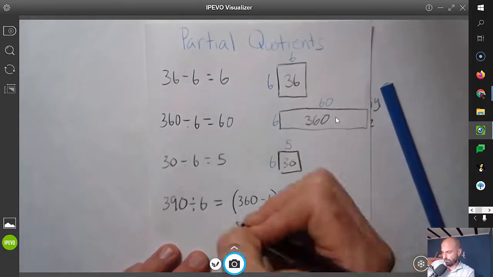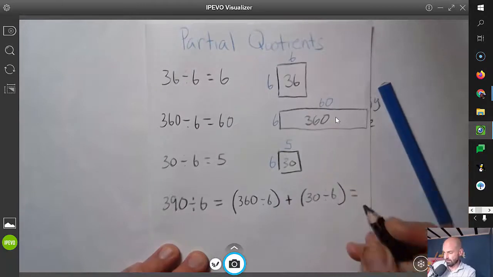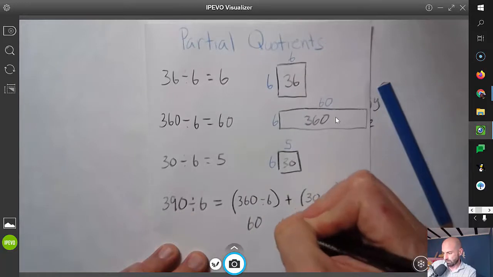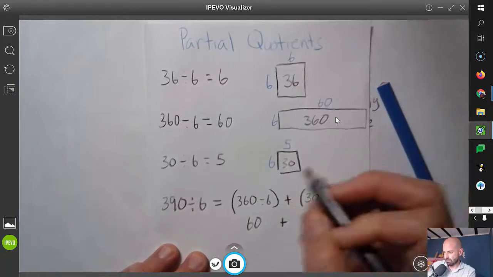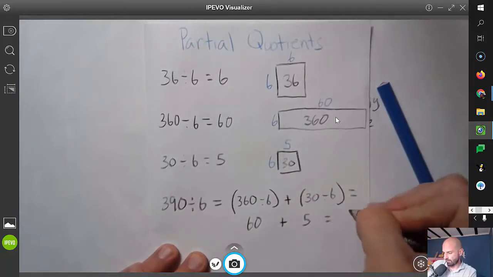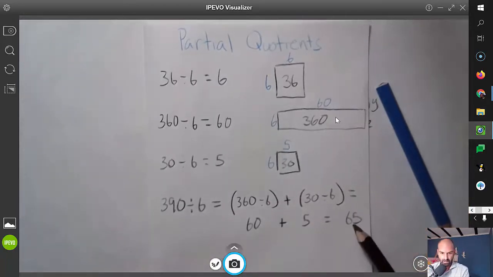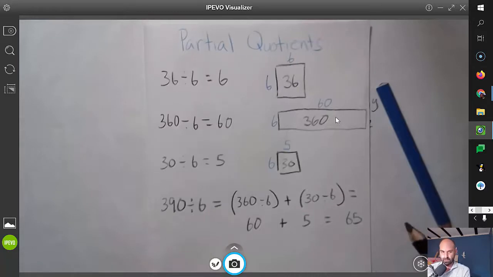And how does that help us? Well, that is equal to 60 plus 5, and that is equal to 65. And that must mean that 390 divided by 6 is 65, and it is.